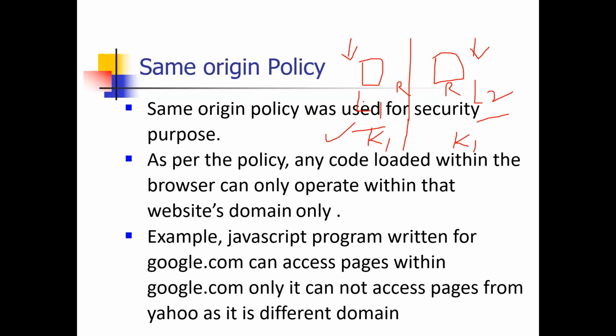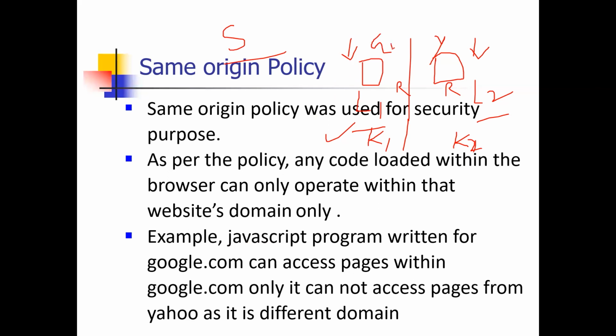This is your particular room, this is your locker and this is a key. This is for room one. This is a particular room two, there is locker two, there is key two. So what you want is that this key should not work for the other locker. Why? Because you want security. This is like Google and this is like Yahoo.